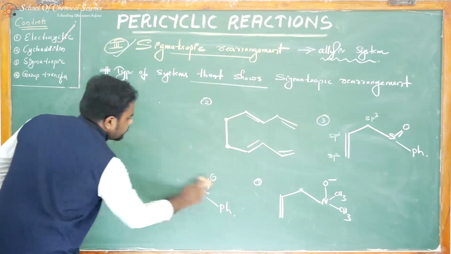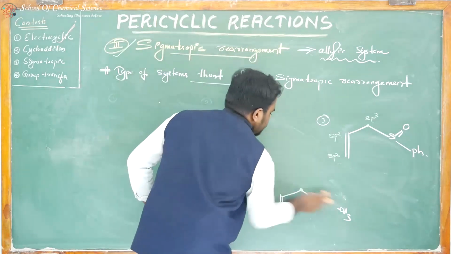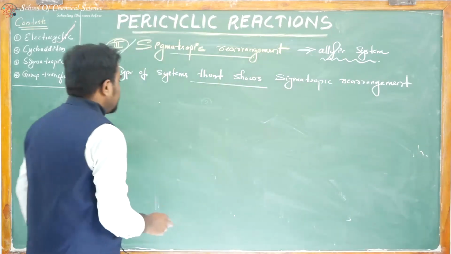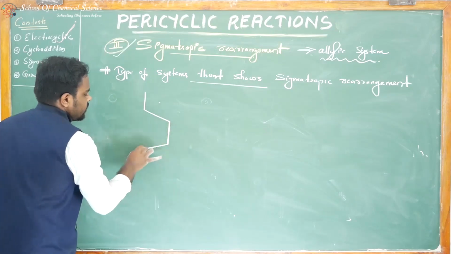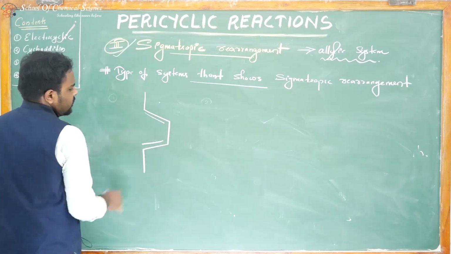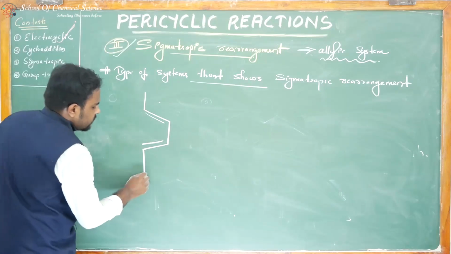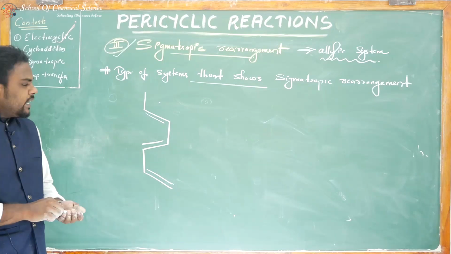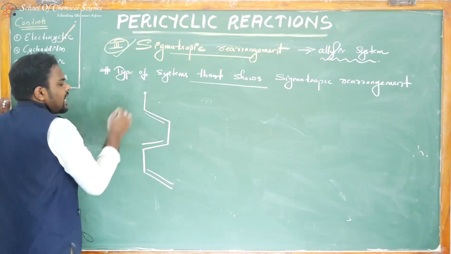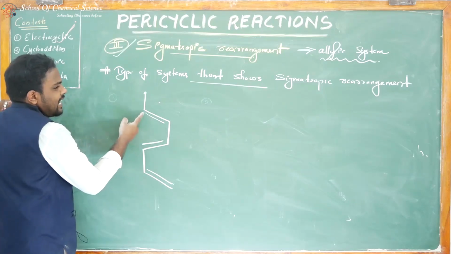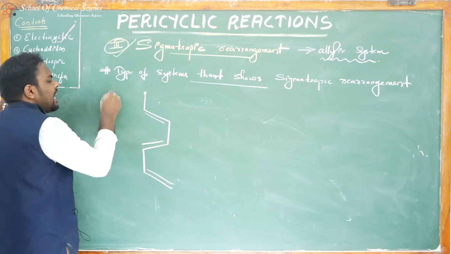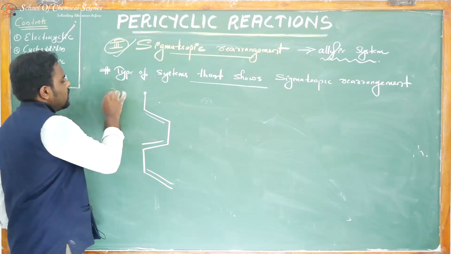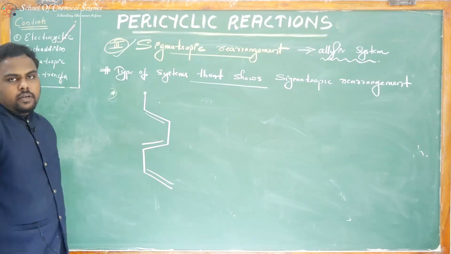Then another one. Another system. Please listen. This system also shows sigmatropic rearrangement because this carbon is connected to a double bonded carbon. So this is an allylic carbon. This is also an example of an allylic carbon.